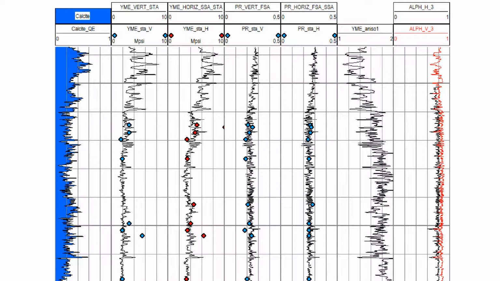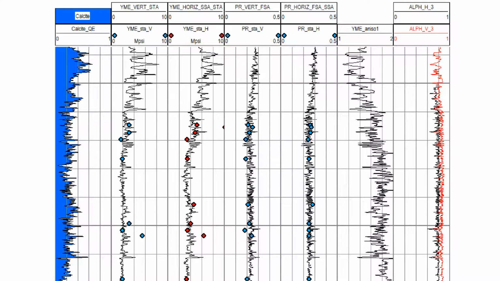But I just wanted to come back here and take a look at the anisotropy of this rock. Look at the Young modulus in vertical direction and the Young modulus in horizontal direction. Which one is larger? It's the same scale. It goes from 0 to 10 million psi. I don't think so.